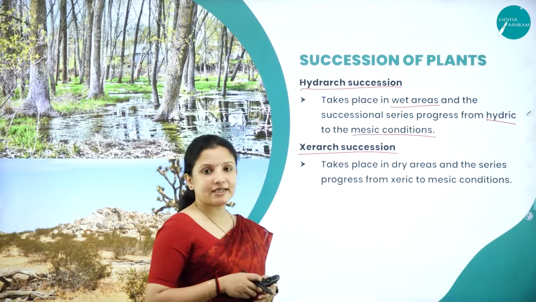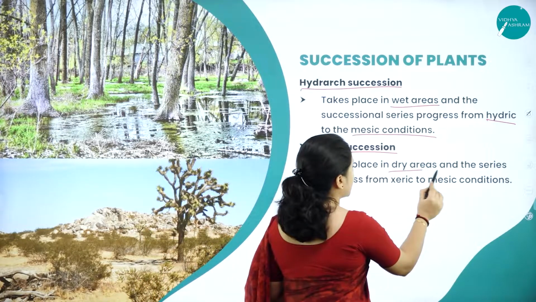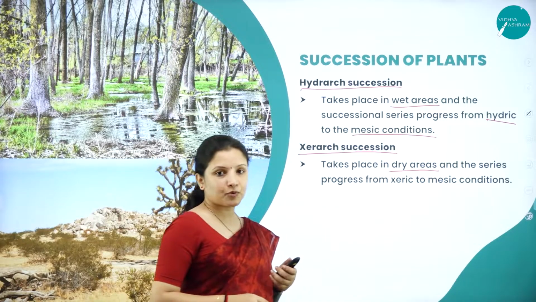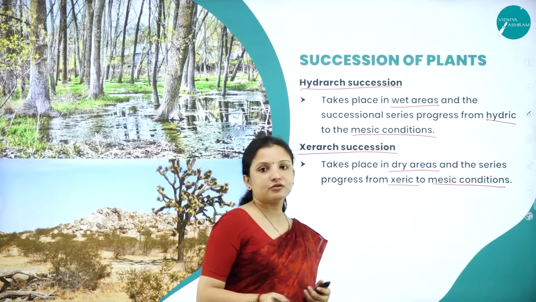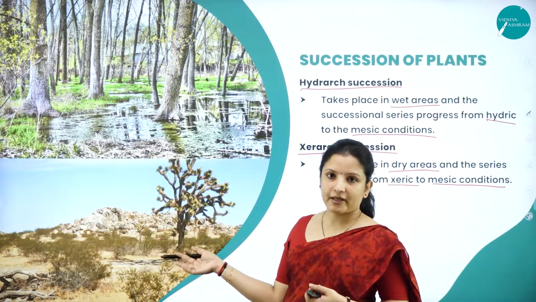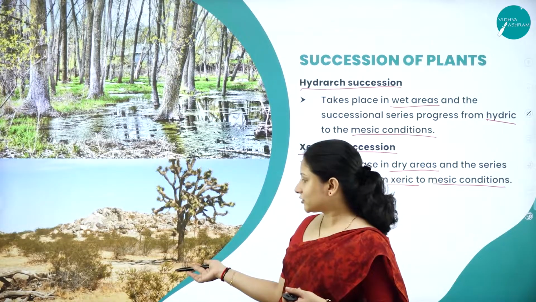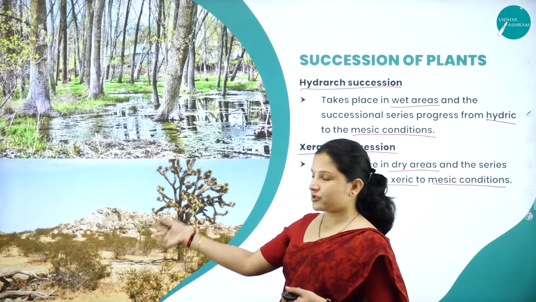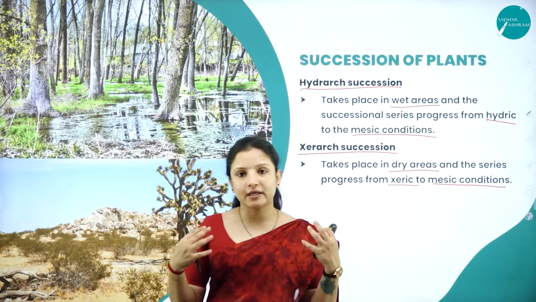Next, talking about xerarch succession. Xerarch succession takes place in dry areas and the series progresses from xeric to mesic condition. Here also, in deserts, it was completely dry. Later they got occupied by the cactuses. From the cactuses, small grasses start to develop, then grasses, then herbs, then shrubs, later on occupying that particular area.